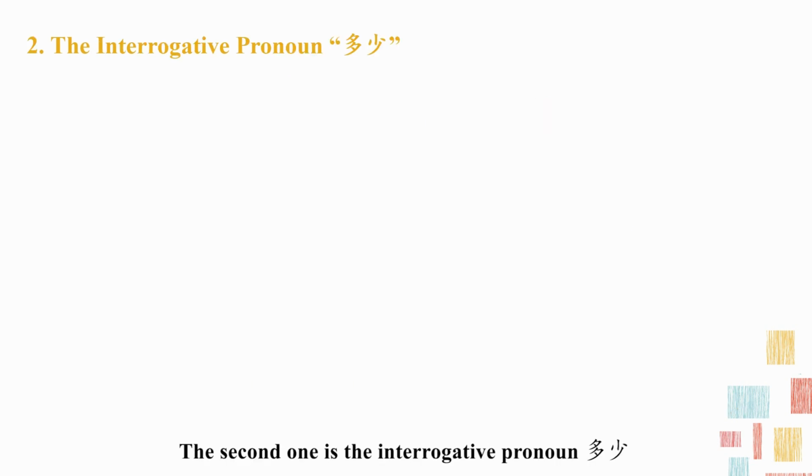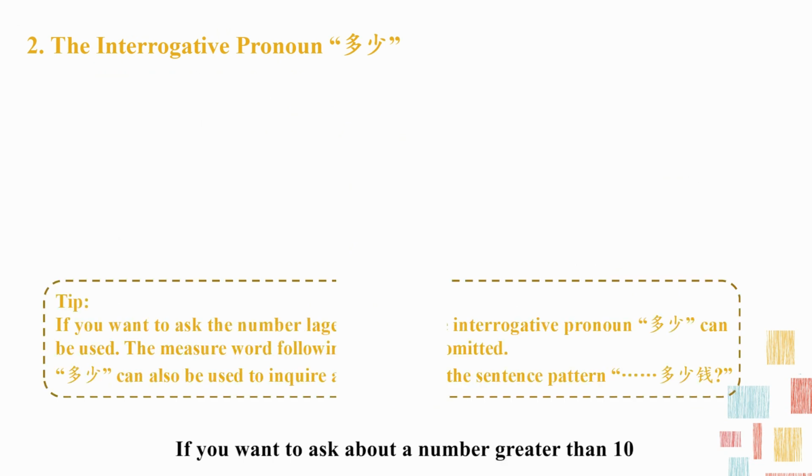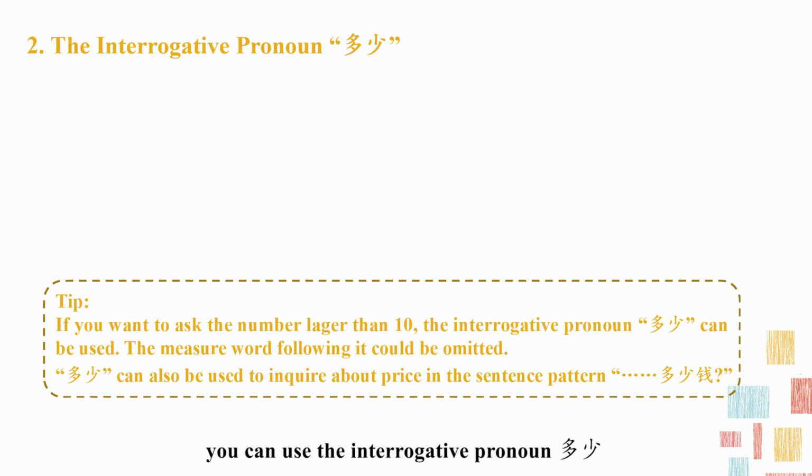The second one is the interrogative pronoun. 多少？ If you want to ask about a number greater than 10, you can use the interrogative pronoun 多少？ The measure word following 多少 can be omitted.